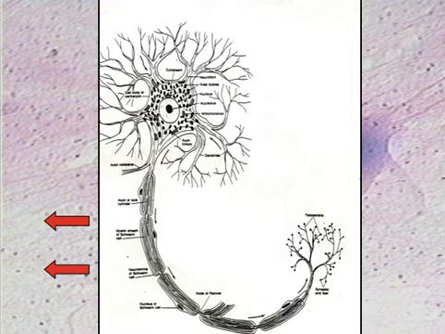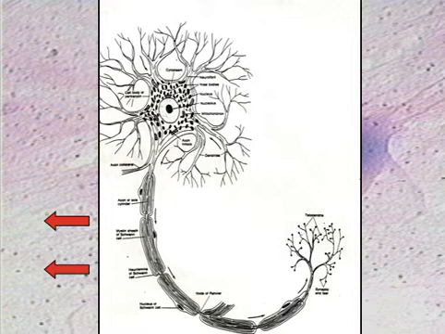So this is the part that surrounds the nucleus, the perikaryon. The extension that comes away from the nerve cell body is something called an axon. And then there may be small extensions that lead to the perikaryon, and we're going to call those dendrites. They bring nerve impulses in.